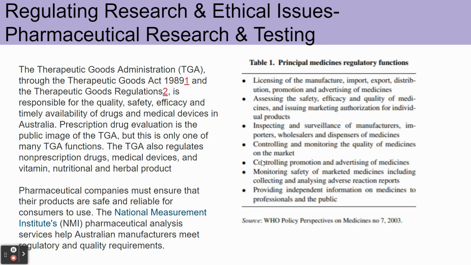So looking at making sure that anything that is put out into society has undergone a wide range of testing for its quality, its safety, its efficacy, and making sure that it is available for people if it is going to improve health. And making sure that it is part of the process in terms of making sure the products are definitely safe and reliable for consumers, and undergoing the pharmaceutical analysis to ensure it meets regulatory and quality requirements.